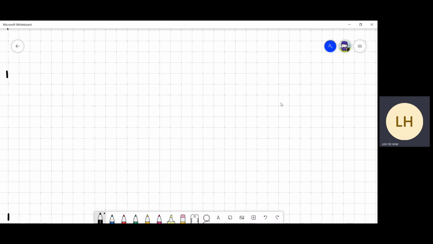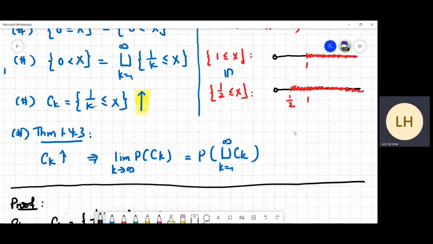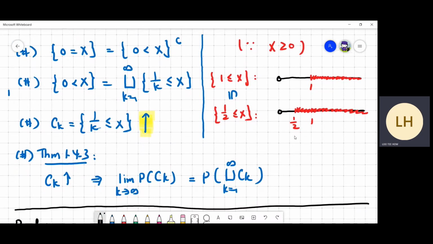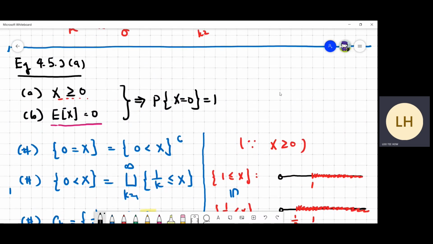Likewise, before we continue to the next example, let's go back to all the observations and the techniques that we have used to prove this theorem. First of all, let's look at our hypotheses, or the statement for our example. Two hypotheses: x is a non-negative random variable with 0 mean, and the conclusion is that the probability of x equals 0 must be equal to 1.